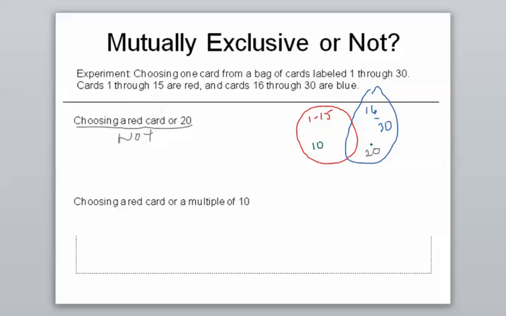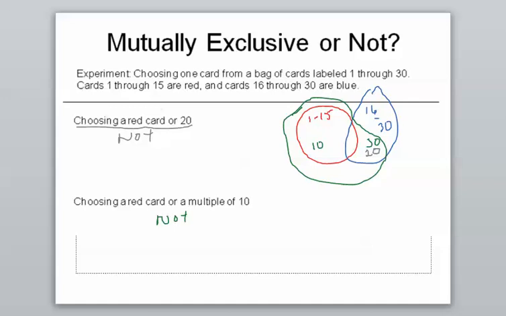There's a 10 there, and there's a 20 and a 30 over here. And so my set that I would be drawing is going to be a red card, but it's also going to include both of those two there. So in this situation, once again, this one is not mutually exclusive.